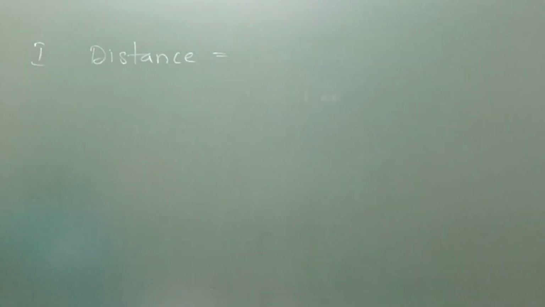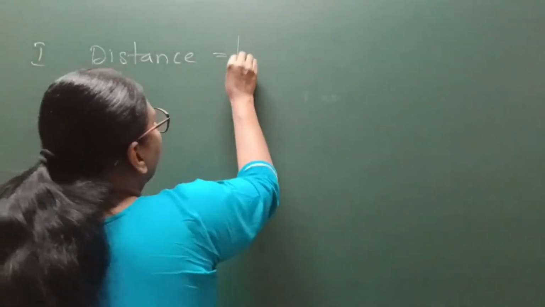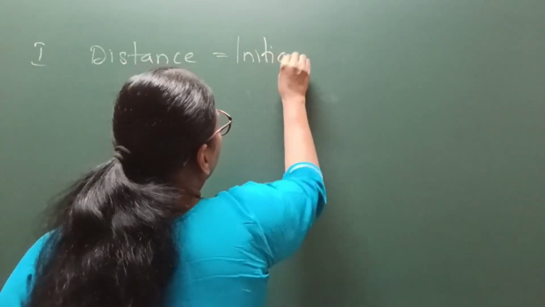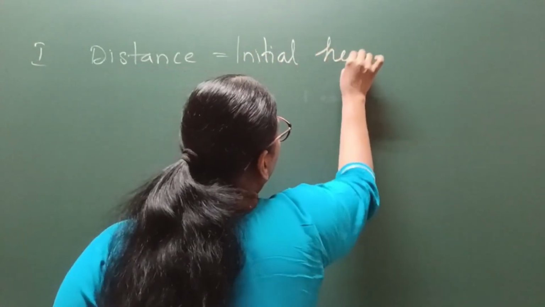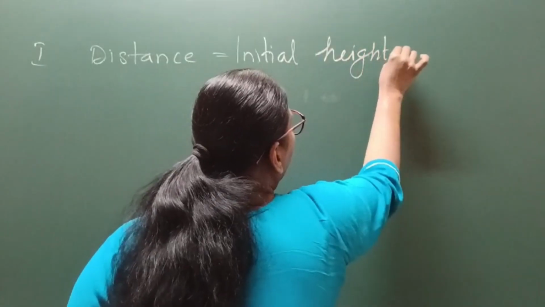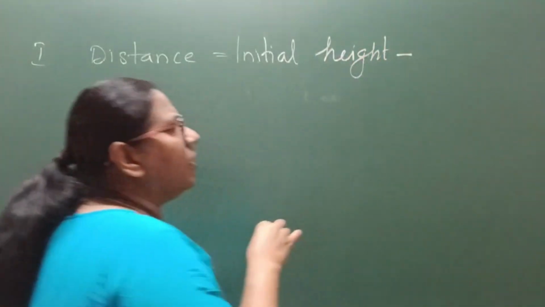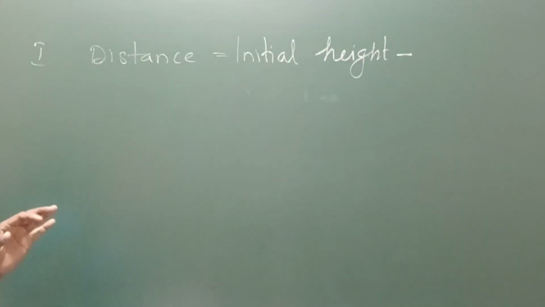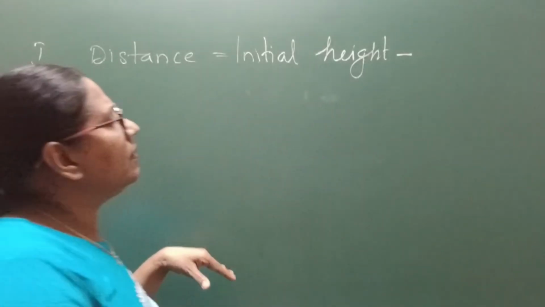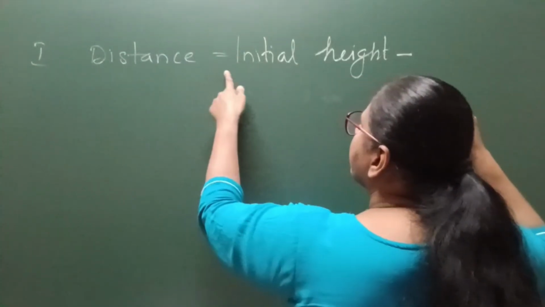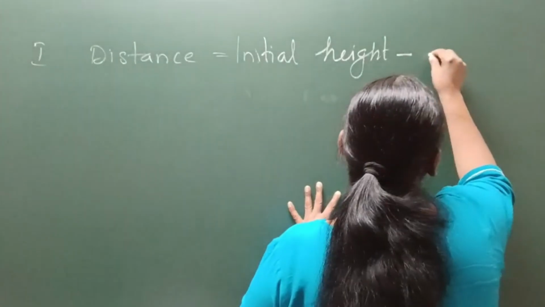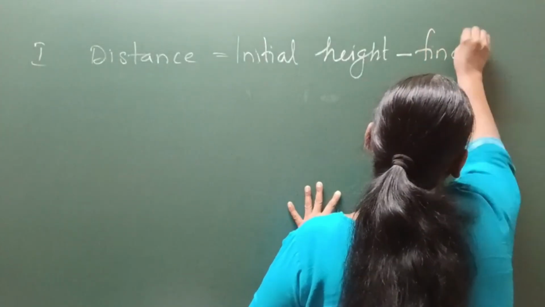Distance is equal to the initial height minus the final height. The initial height was 1800 minus the final height, that is 300.